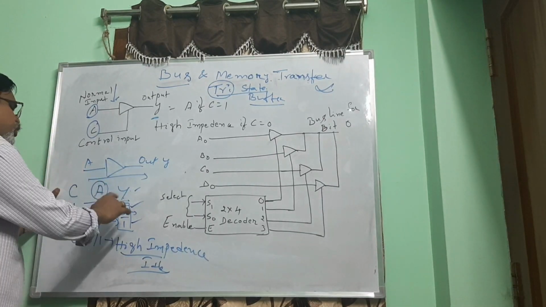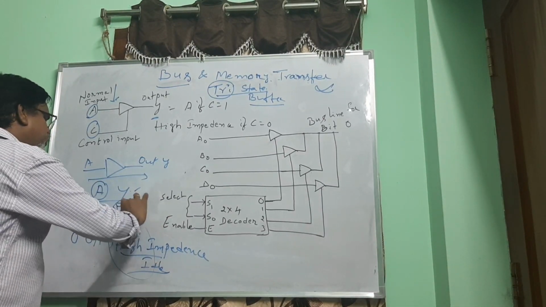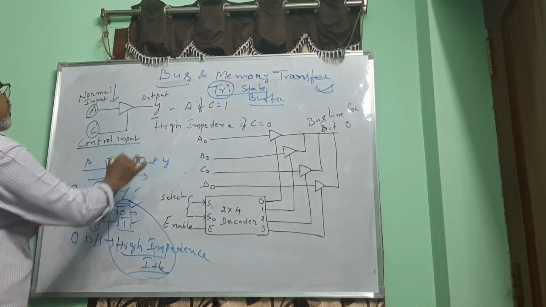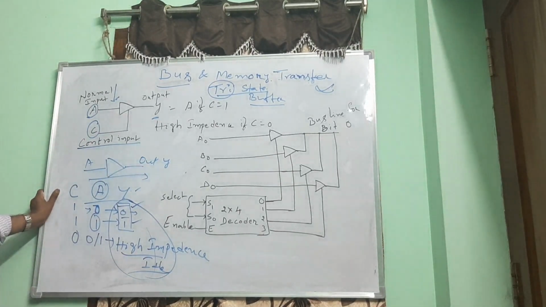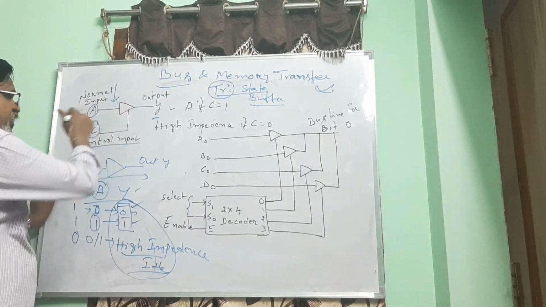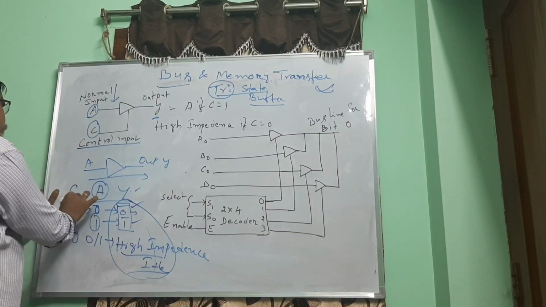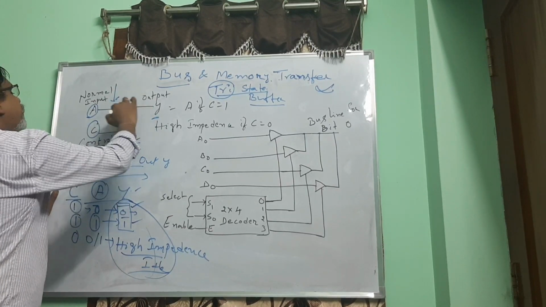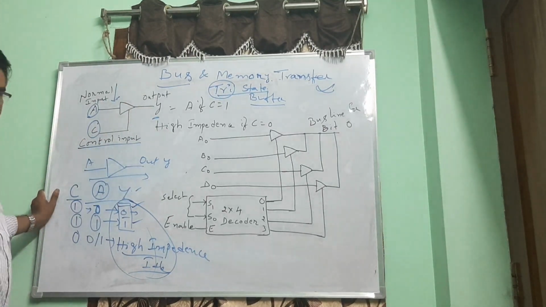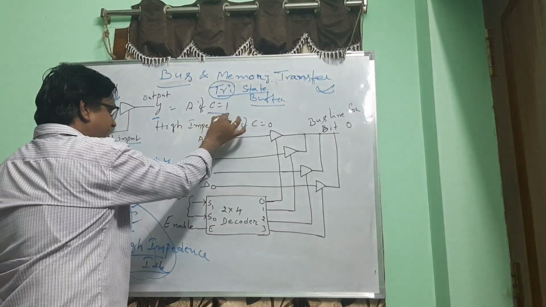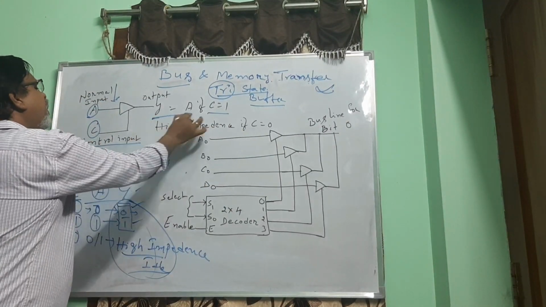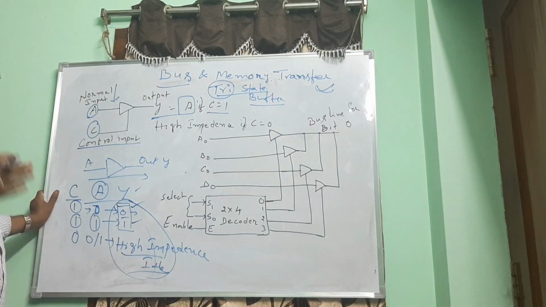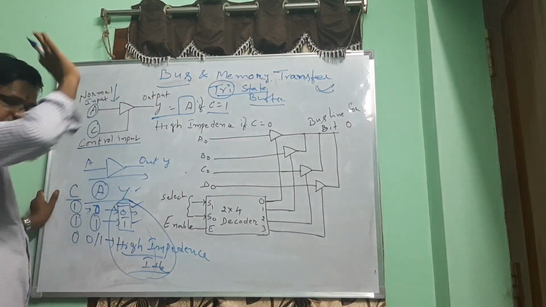To regularize this output, we use another special input called the control input to the tri-state buffer. If the control input value is 1, then only this will act as a normal buffer. If C is 1, the output will be A. Whatever the value of A, that will be transferred. So, if C is 1, it acts as a normal buffer.